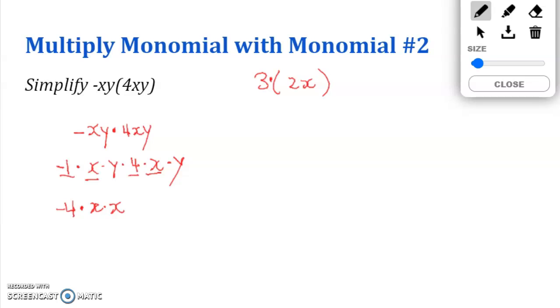I haven't dealt with the y's. So I have y times y. Notice that I am underlining as I take care of them so that I do not miss out on dealing with any of them. So this is the same as negative 4 being multiplied to x times x, which is x squared, and y times y, which is y squared. And I do not need those multiplication dots. I can just rewrite this as negative 4x squared y squared.